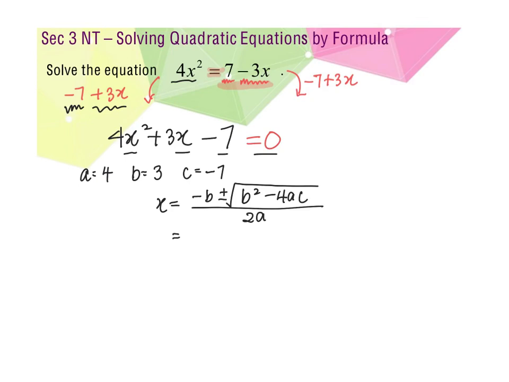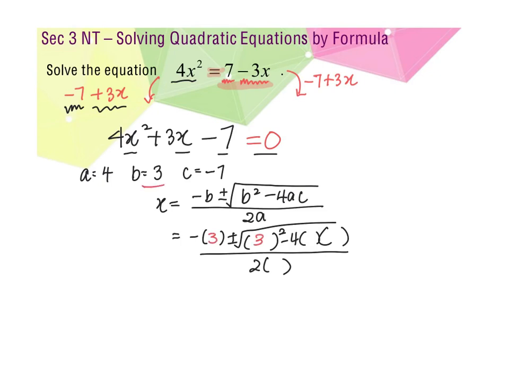I'll replace the following, where b is the number 3, a is the number 4, c is the number negative 7.